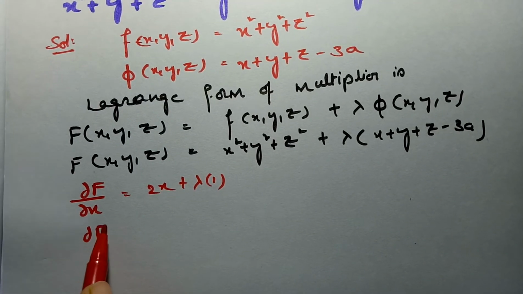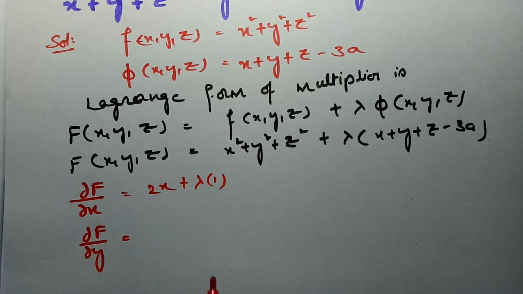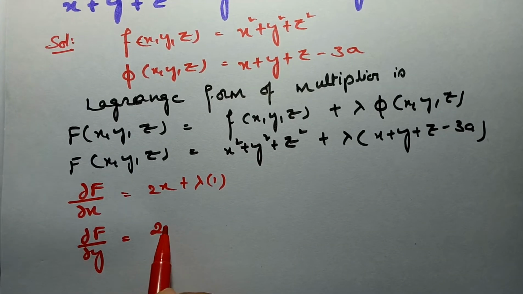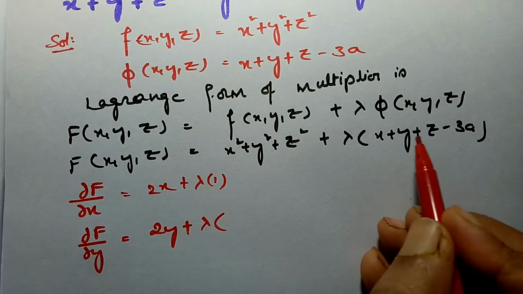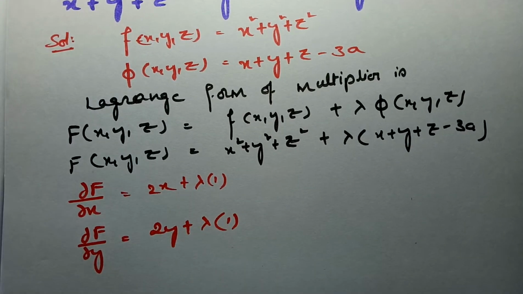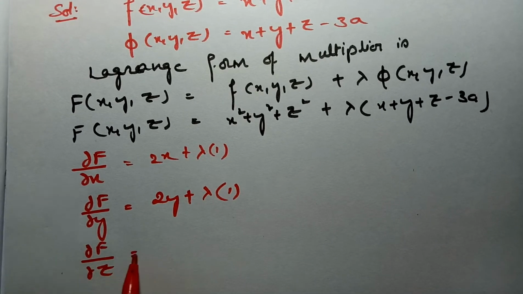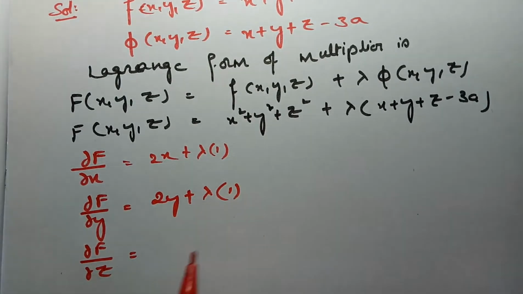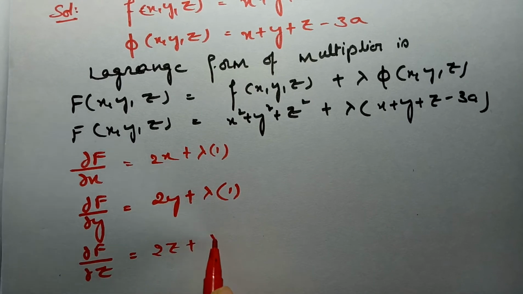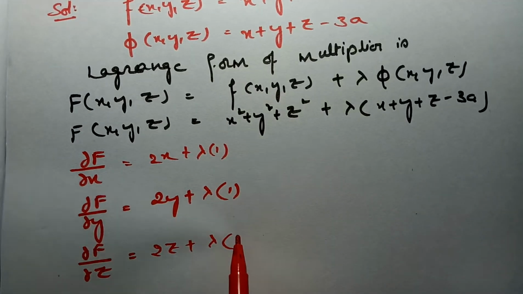Next we differentiate with respect to y: y square gives 2y plus lambda times 1. And dou f by dou z: z square gives 2z plus lambda times 1.